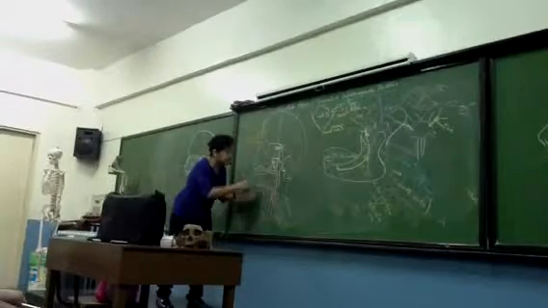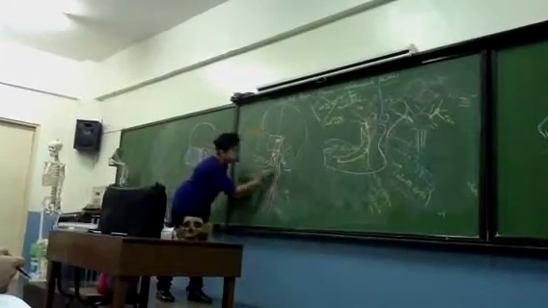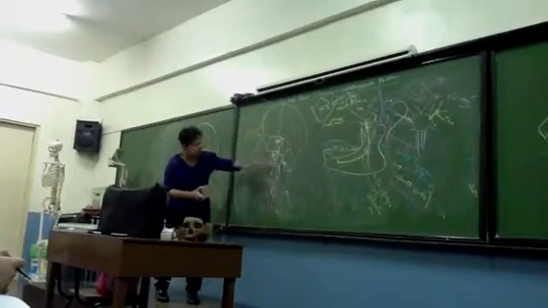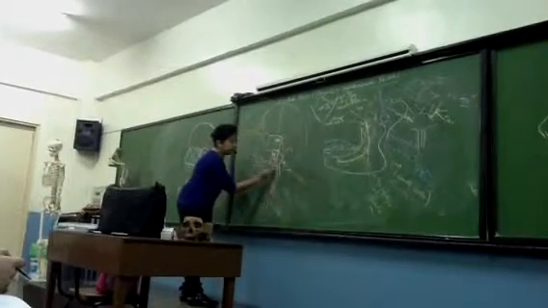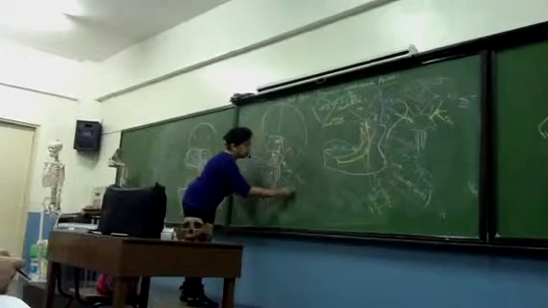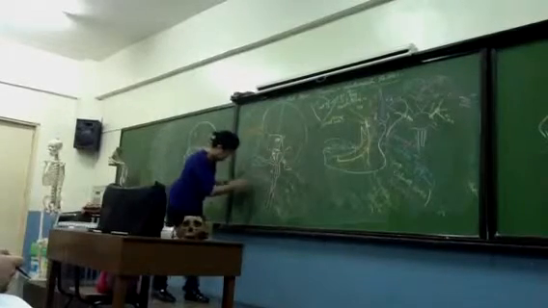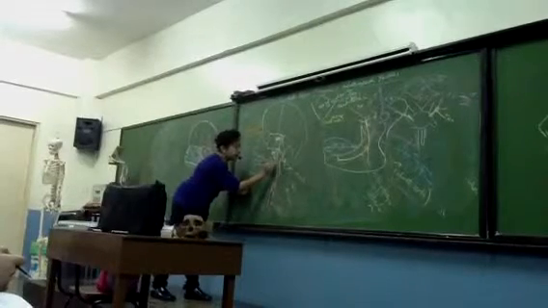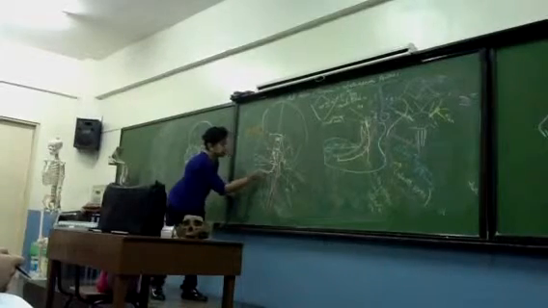So there are lots of branches. We will not be studying them in detail. What's important is that you know where they're going. So coming from the first, you have the middle meningeal artery and the inferior alveolar artery, which come from the first portion.